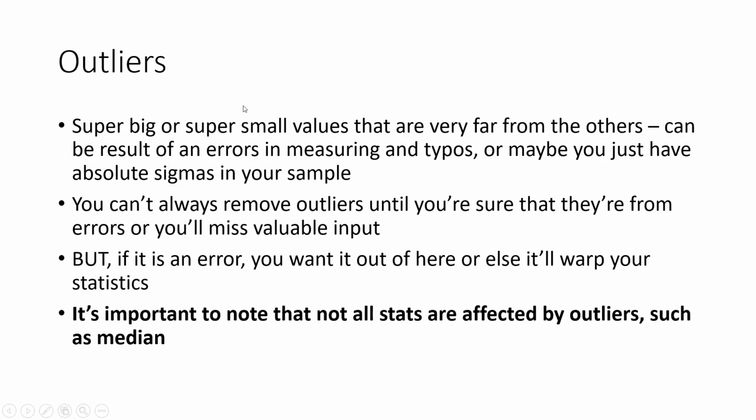And because of this, you can't always remove outliers until you're sure that they're because of errors. Because a lot of times we do want to look at absolute physics-defying units. But if it is an error and it's not just some complete sigma male, you do want to get rid of it because it can manipulate the statistics a lot.